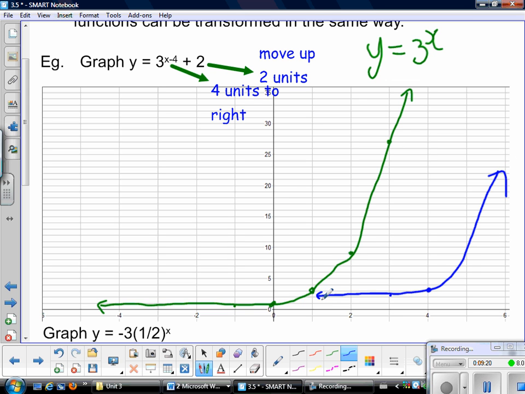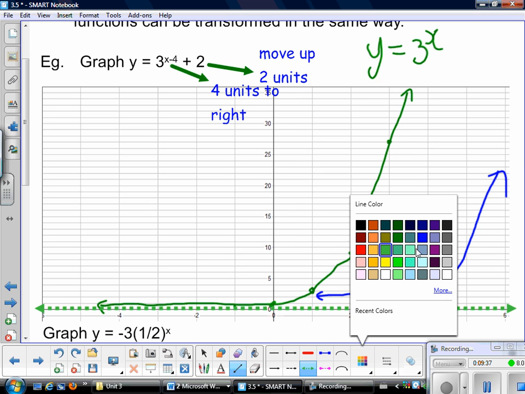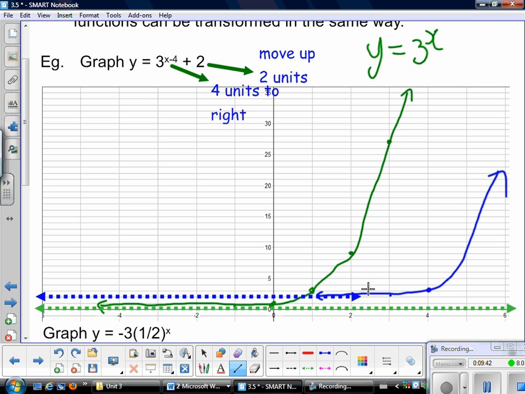So what's happened is there was an asymptote line originally at the x-axis. Now what's happened is I'm having one that is going to be located along here, which has the coordinate y equals 2. So it's changed my asymptote line.